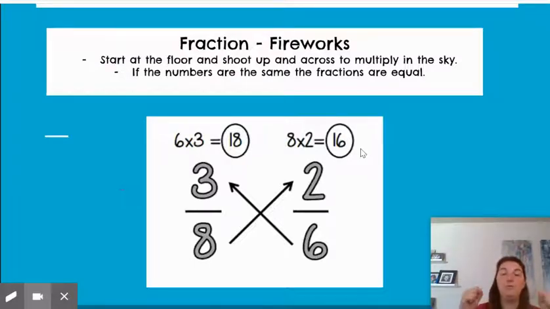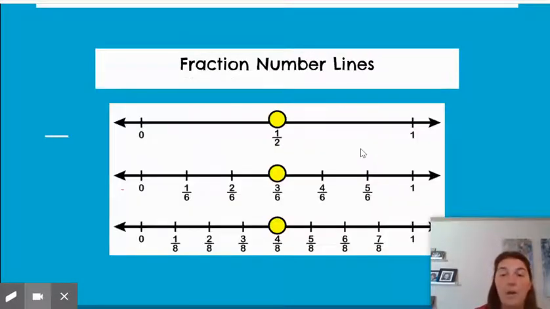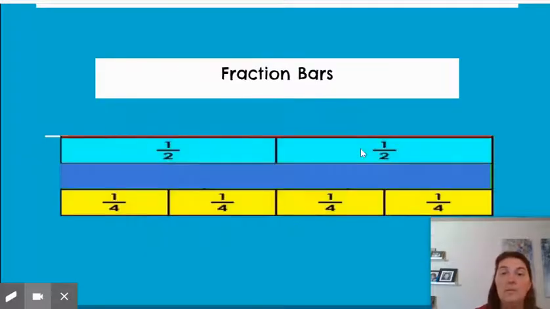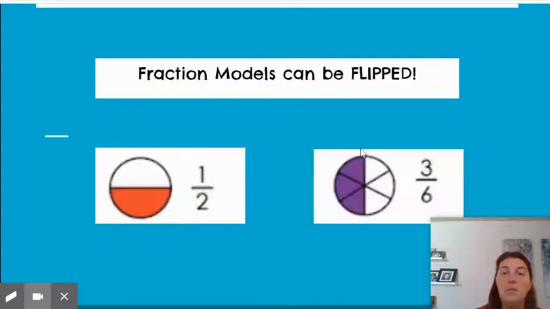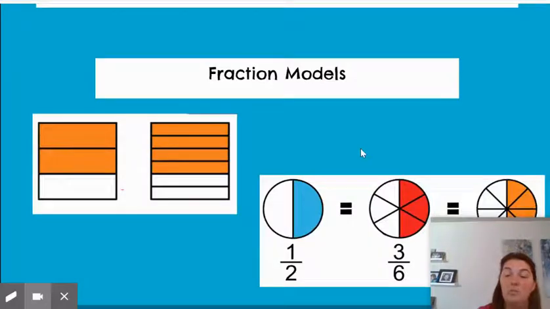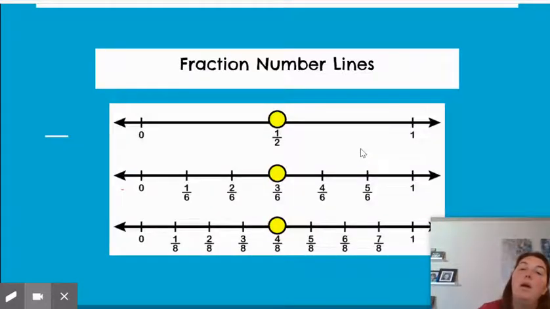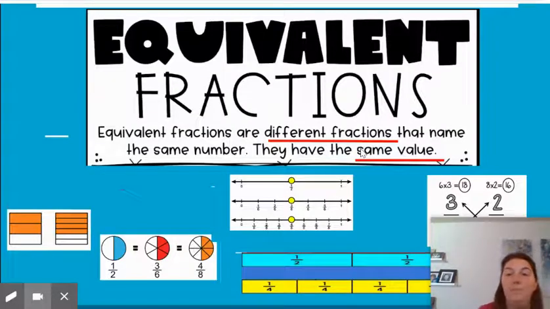So you can use your fireworks. Remember, they go up from the ground and up across into the sky. And you put those numbers right on top of the number that you multiplied to give you your final number. And then you can compare those numbers. Okay. So you have learned to use fireworks, number lines, fraction bars, and models to check your equivalent fractions.